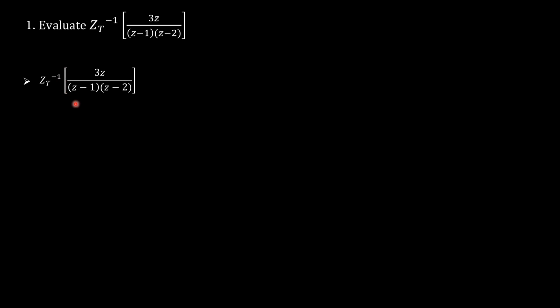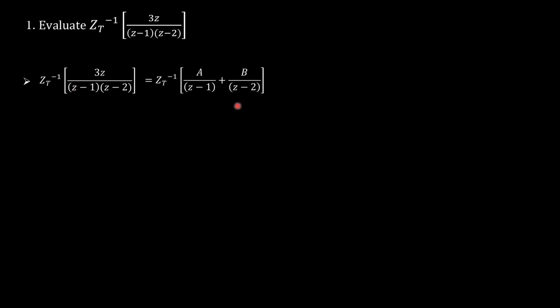Consider 3z divided by (z minus 1)(z minus 2) and split it so that the inverse z transform becomes the inverse z transform of A divided by (z minus 1) plus B divided by (z minus 2).